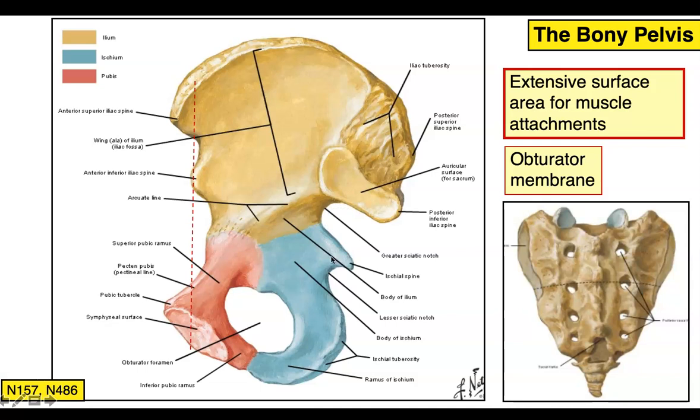The ischium has a sharp bony projection along its posterior border at the junction of the body and the ischial tuberosity. This is called the ischial spine. Inferior to the ischial spine, the posterior border of the ischium has the lesser sciatic notch. So the ischial spine lies in between the greater sciatic notch and the lesser sciatic notch.